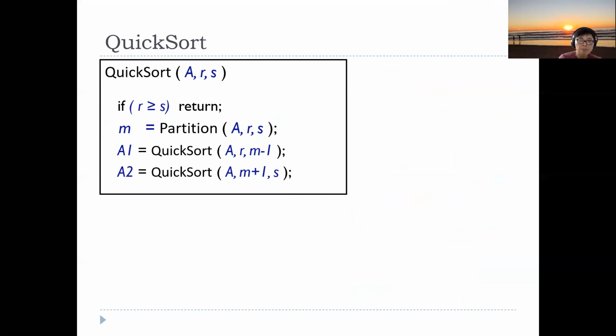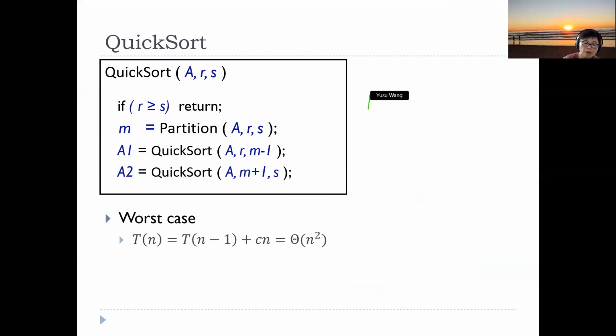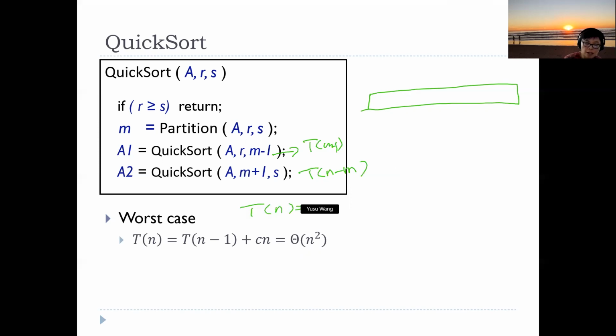Okay, and unfortunately, for the time complexity, we have the same issue as before, namely it depends on the split: this takes time T of M, this takes time T of N minus M. That means the total time is T of M minus 1 plus T of N minus M plus Cn.